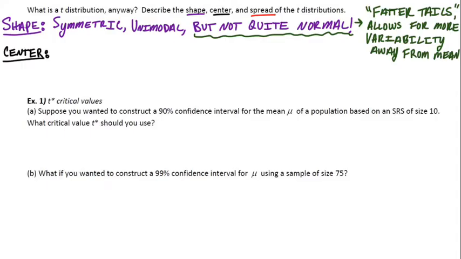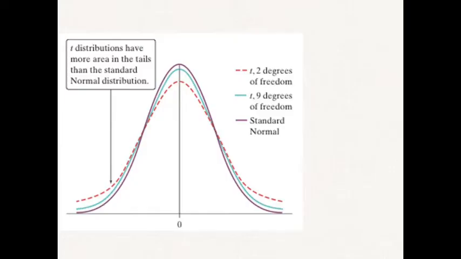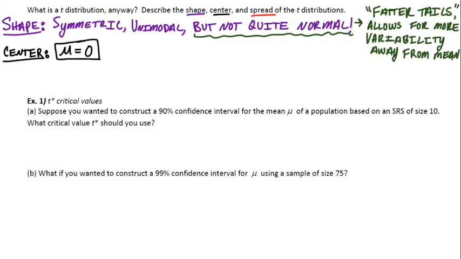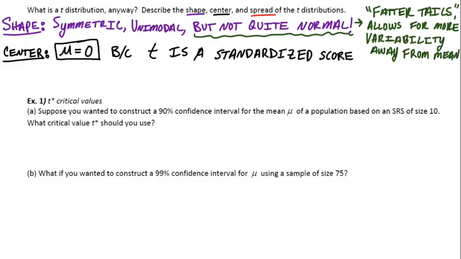And then for the center, well, you notice they were the same for both curves, right? They're both at 0. Why is that? So the mean's equal to 0, just like the normal curve. Well, because t is a standardized score, just like z-score was a standardized score.